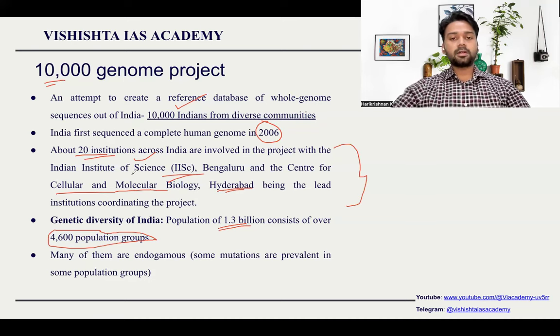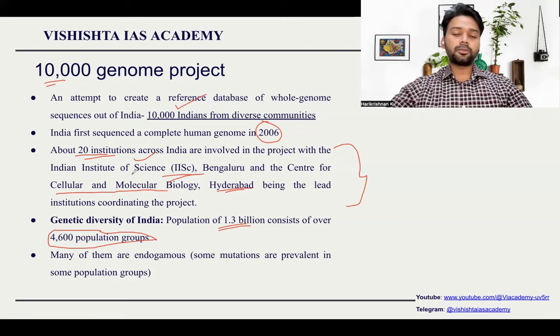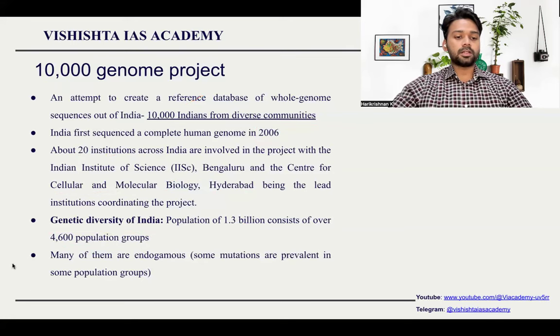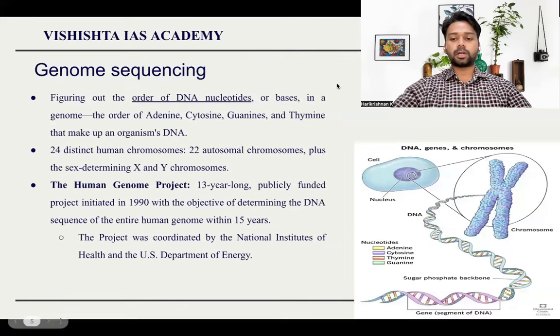So identify it, chart it out, so that we will get to know about the genetics of the Indian population. In the future, if we are to develop certain medicines, or some preventive measures for genetic diseases, it will become easy. So this is the reason we follow genetic and genome programs.